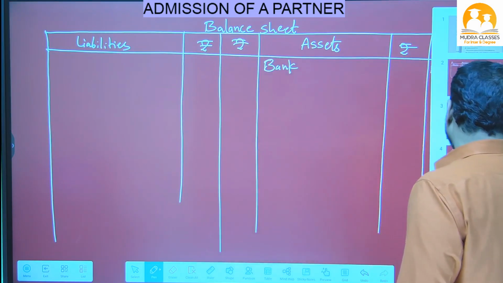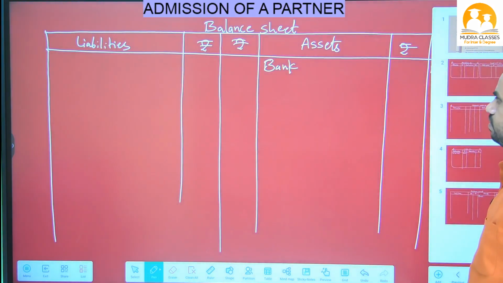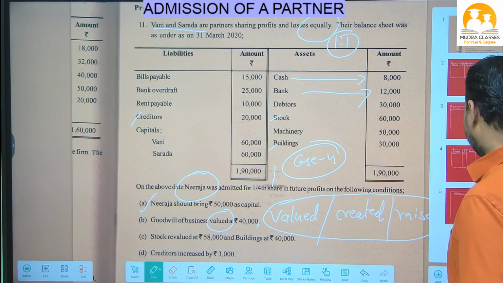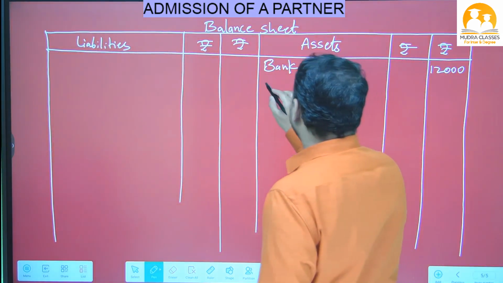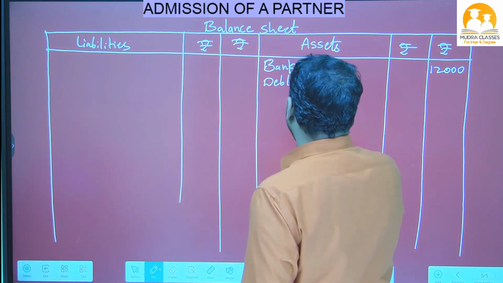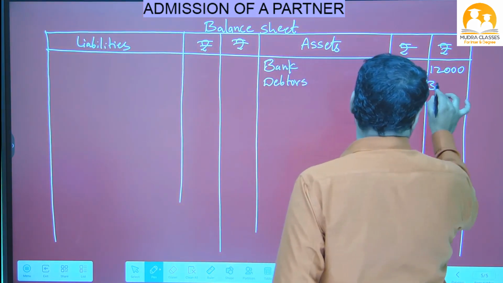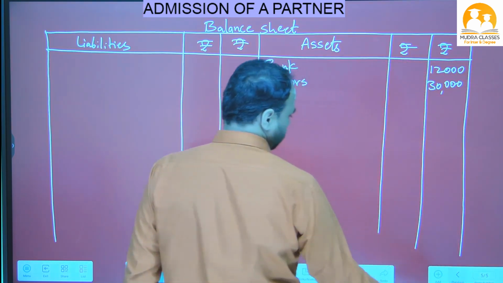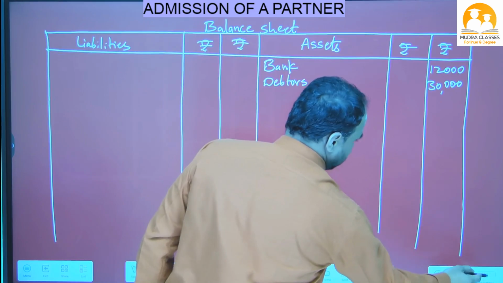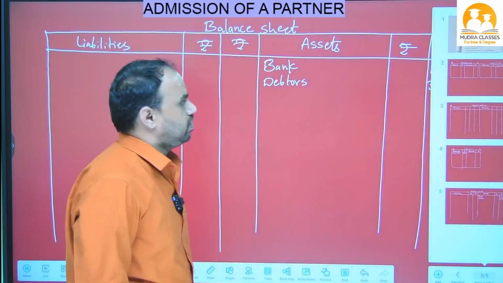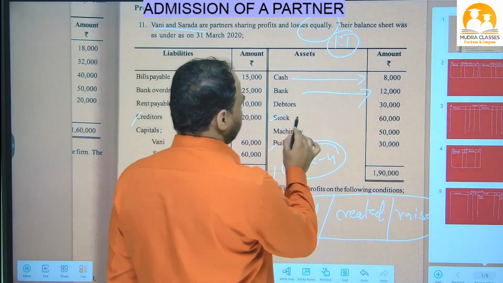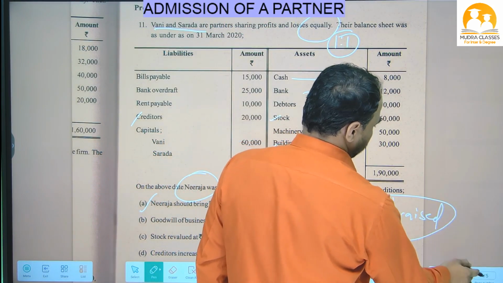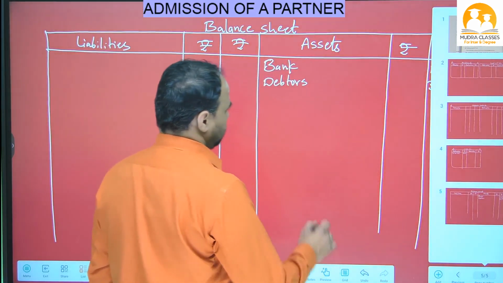Next item, debtors given 30,000, no adjustment for debtors, so directly on the balance sheet asset side outer column, debtors 30,000. Next item, stock is given. For stock we have adjustment, which we already ticked, so write it in the inner column of the balance sheet asset side.